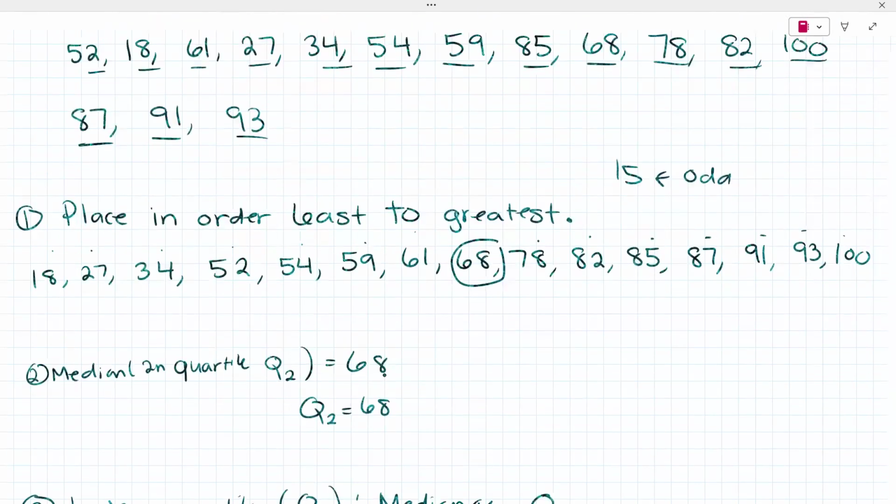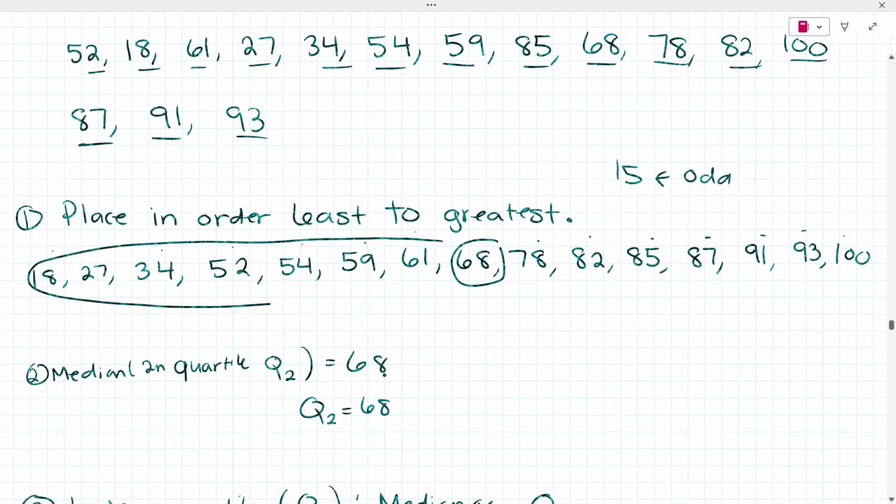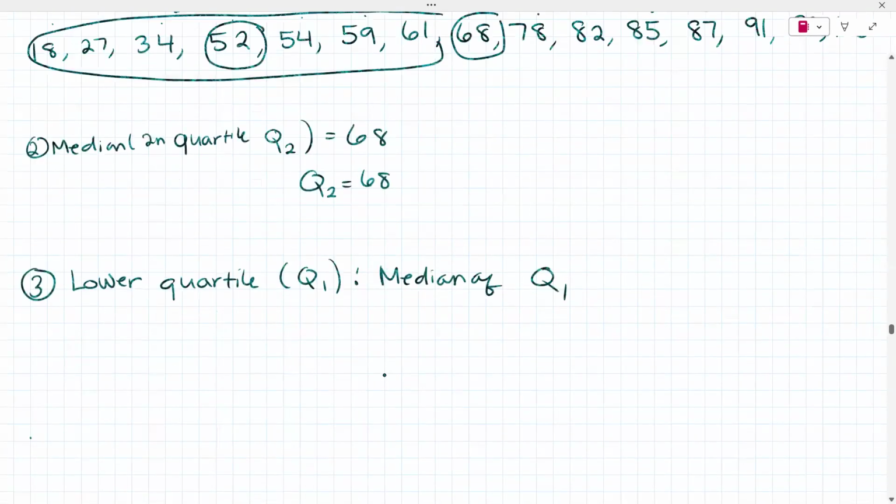So what I mean is, this would be the lower quartile, and then what you do is pick the median. There's a total of how many numbers? 1, 2, 3, 4, 5, 6, 7. There's 7 numbers, right? So 7 is odd, so the median would be 52. Q1 will be 52.